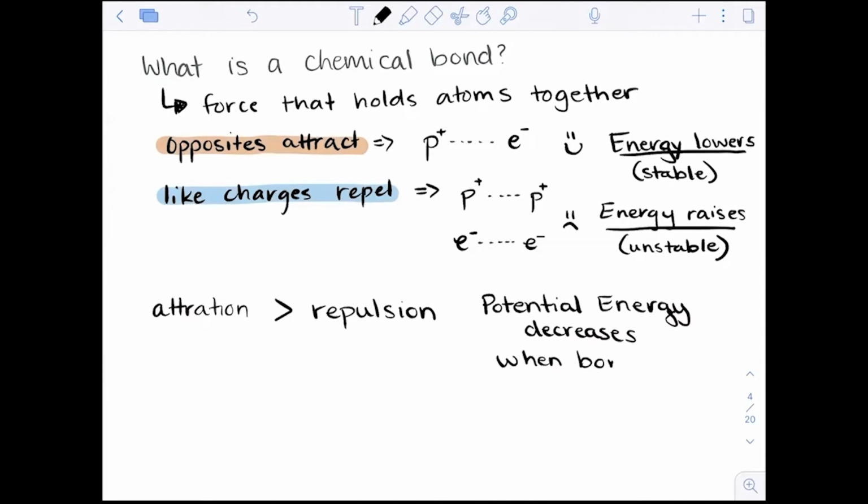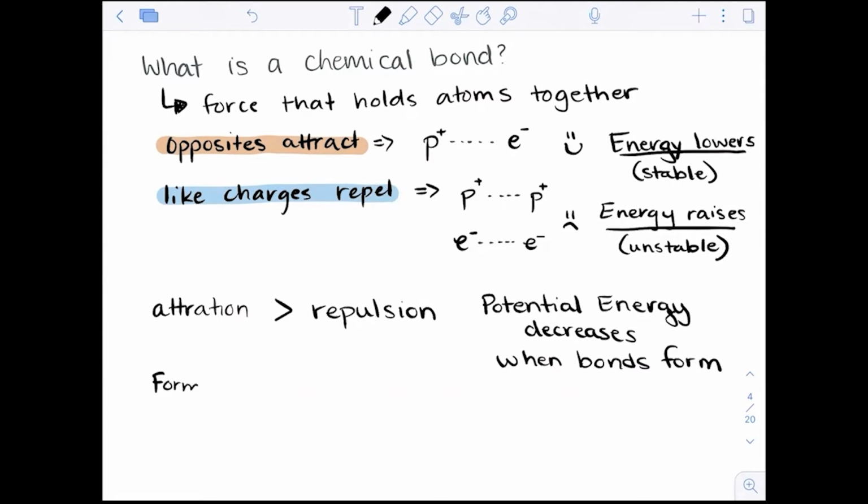So what we see in nature is that forming bonds releases energy. The reason why is because the attraction between those 2 atoms, specifically the protons of one and the electrons of the other, those attractive forces release energy to the surroundings.